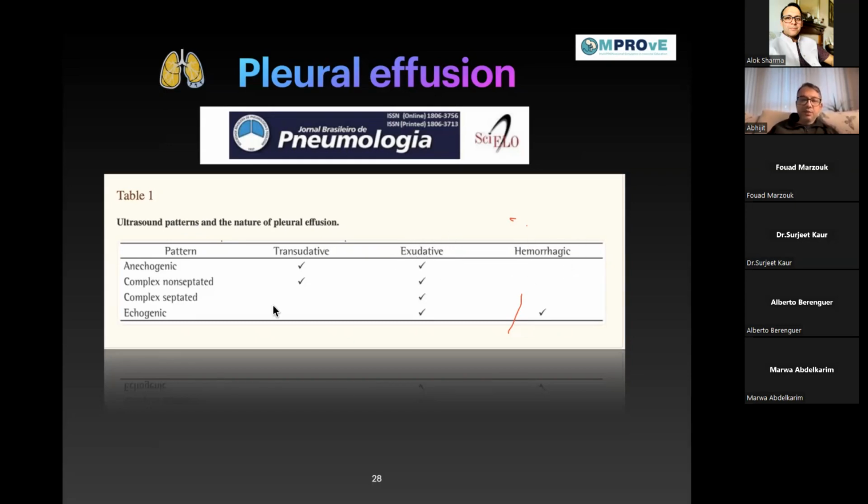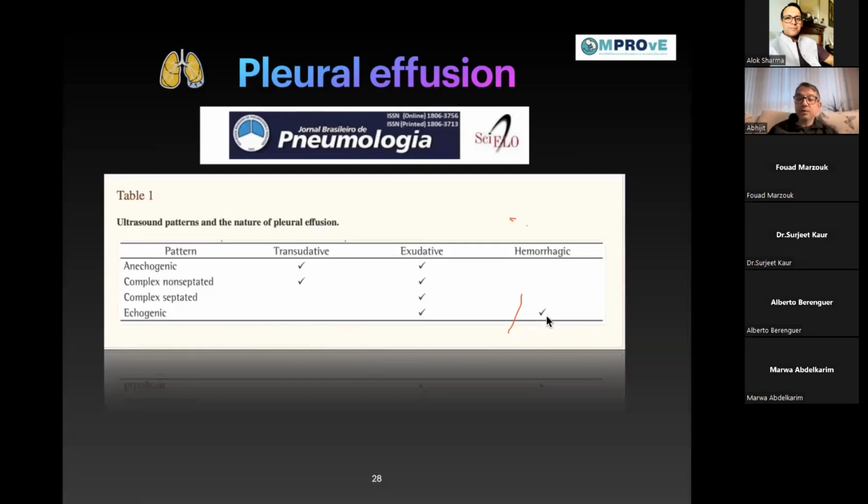In hemorrhagic, it's thickened and echogenic. But mind you, when there's a fresh bleed, it is just fluid. Yeah, it's like any other fluid, like a chylothorax or a transudate or an exudate. If it is a fresh bleed, you're going to see an anechoic blackened area, like any other pleural effusion, till the time your blood has started reorganizing and making the clot.